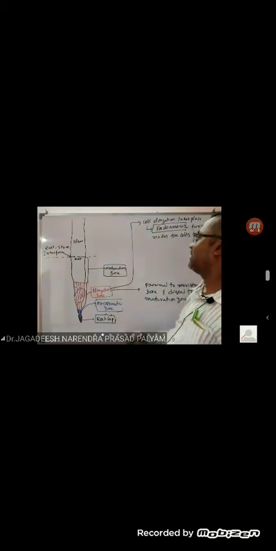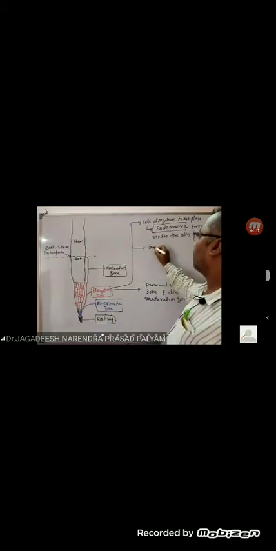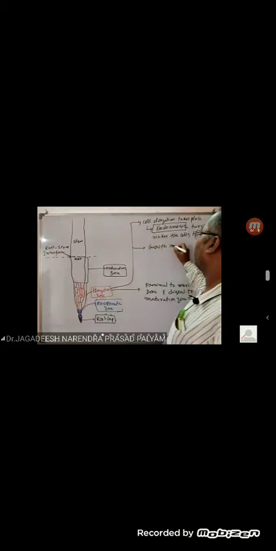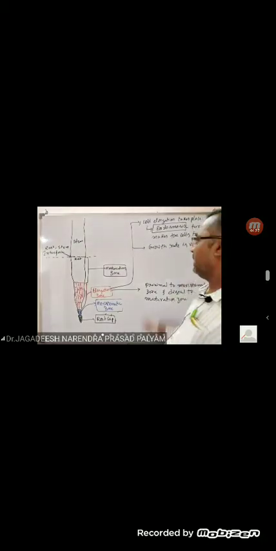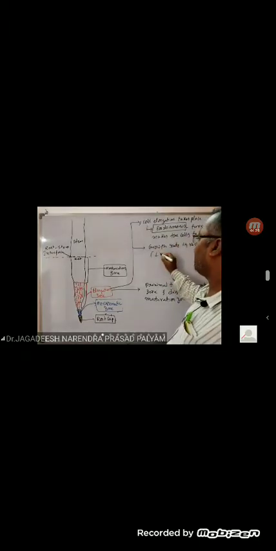As a result of this, the growth rate is very high in the elongation zone. As the growth rate is very high, it is also called the log or exponential phase.